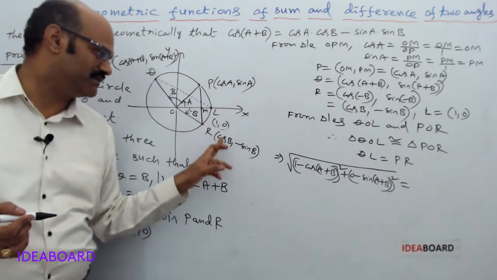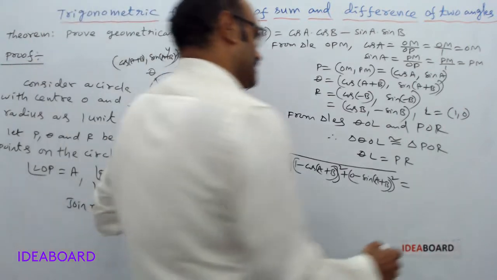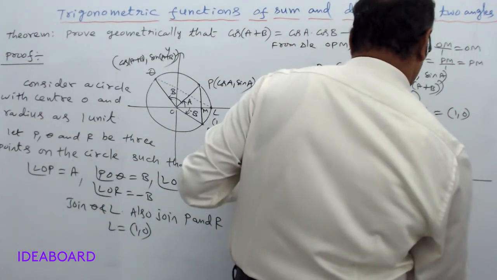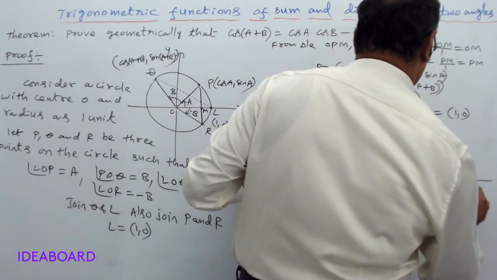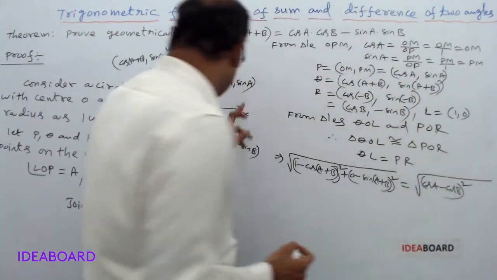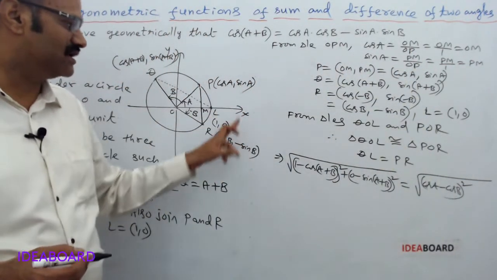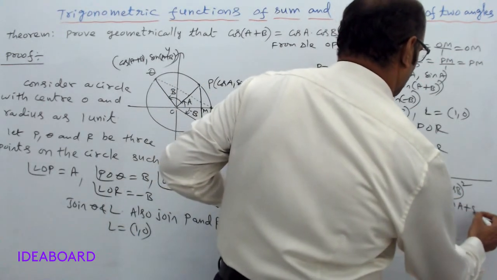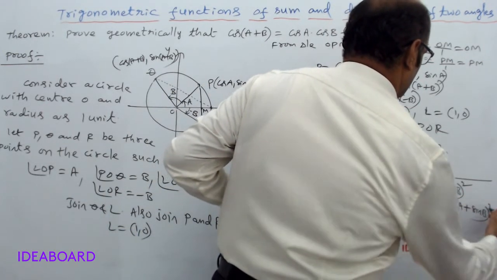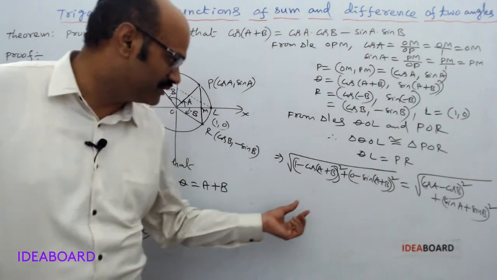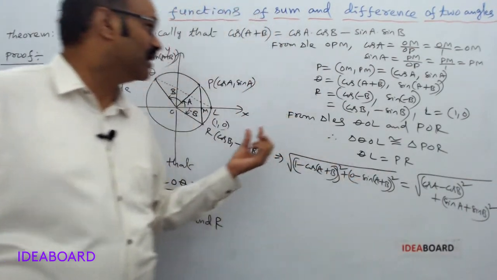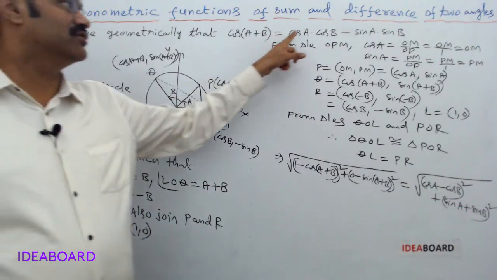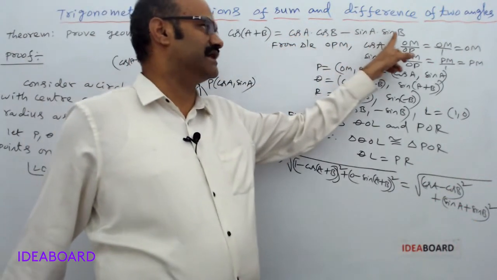PR equals the square root of (cos A minus cos B) whole square plus (sin A plus sin B) whole square. Now we have to simplify. If you simplify this, we get cos of A plus B equals cos A cos B minus sin A sin B.